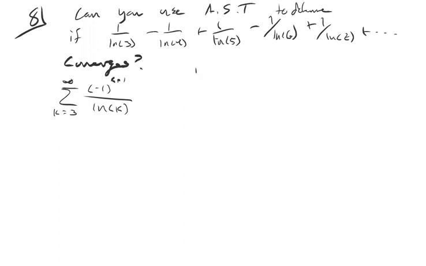All right, so can we apply alternating series test? Well, we need two things: decreasing and limit, okay? So is it decreasing? If you want to call it b sub n or whatever, it's 1 over the log of k. Of course it's decreasing, because we can take a first derivative.